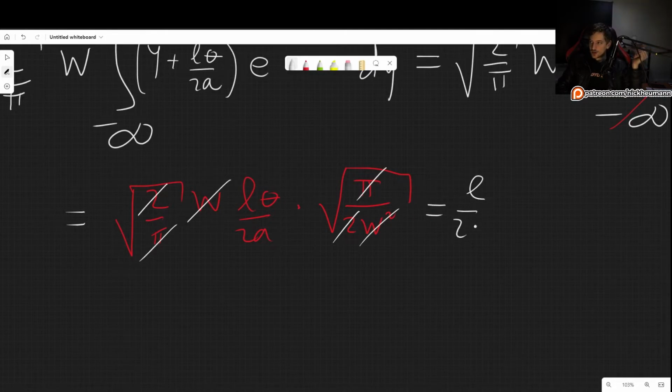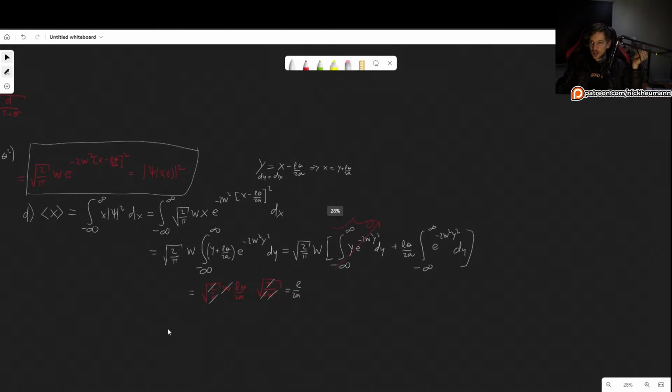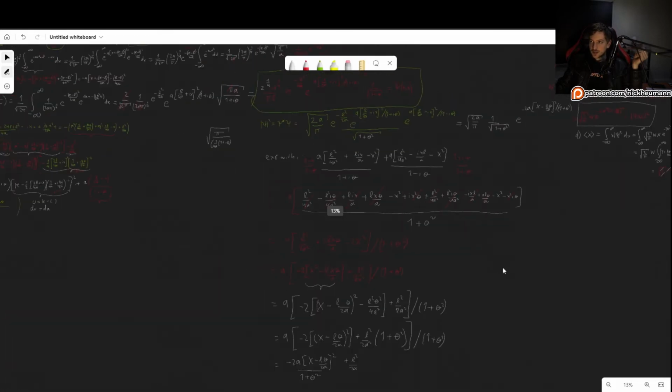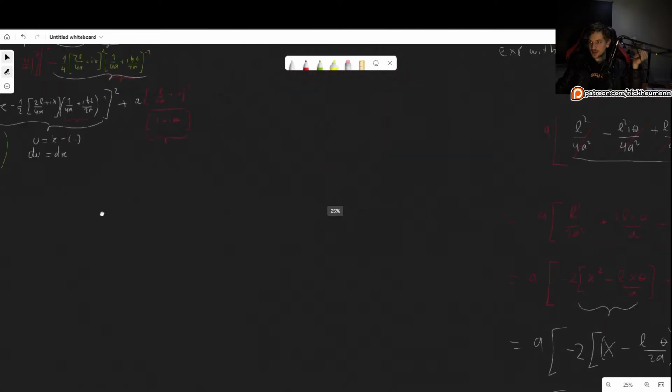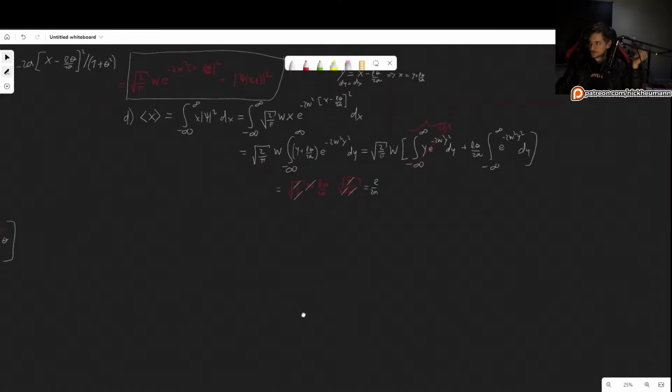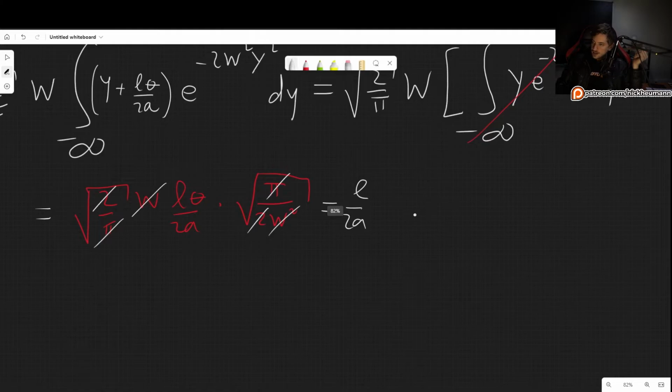Theta we defined quite a while ago. Let me try to find it. Here it is: 2a h bar t over m. So the two a's cancel out and we're left with h bar L over m times t.